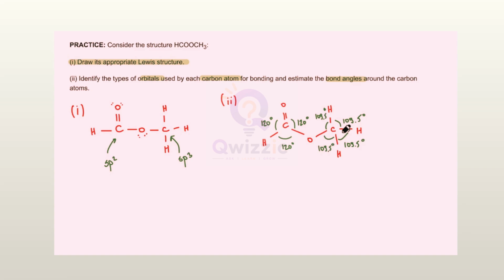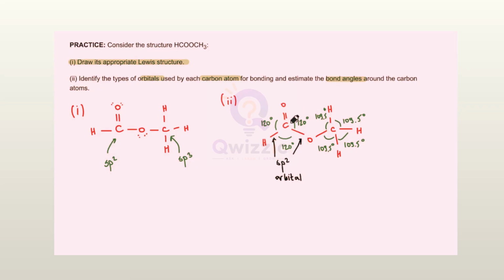Well done. And now we want to identify the orbitals for each bond. First of all, we're going to begin with the carbon atom that contains the carbonyl. And we understand that there are 3 sigma bonds. Those sigma bonds are formed from the sp2 orbitals. So the 2 single sigma bonds, the first one between carbon and hydrogen and the second one between carbon and oxygen, would correspond to an sp2 orbital.